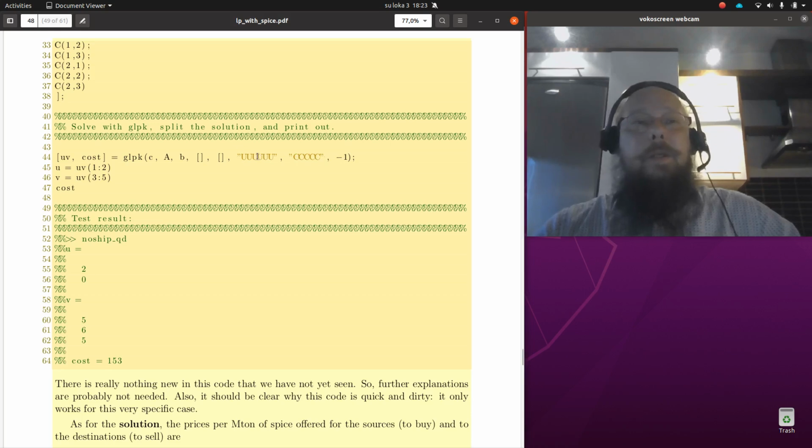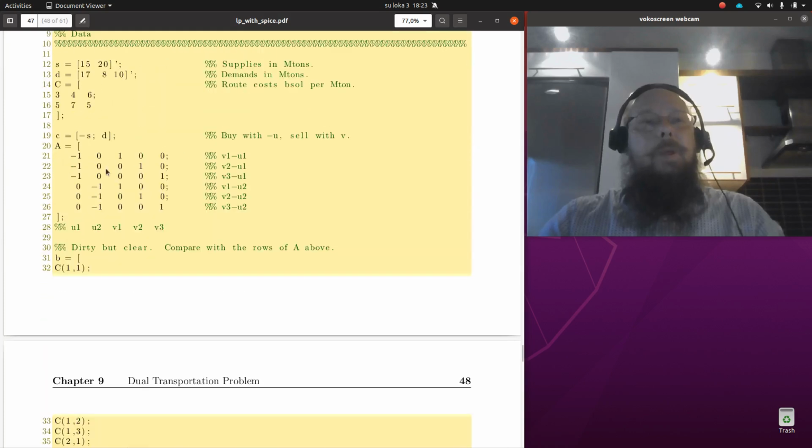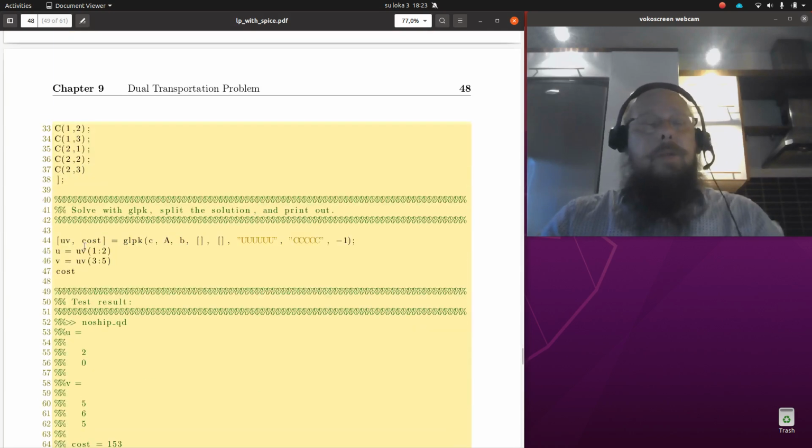I think these are clear. Then U will be the first two decision variables, U1 and U2, and then we have three. So these are the source side, these are the destination side.